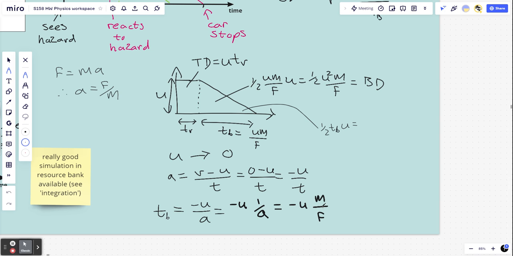So when you put in this value here without the negative symbol, you would get what we've got up there, which can be simplified to this one here. So that would be what the braking distance is.